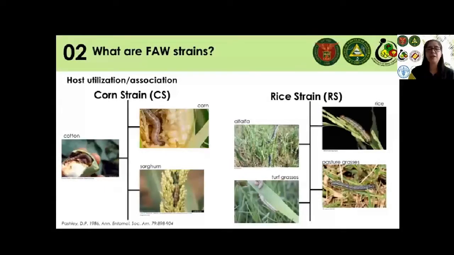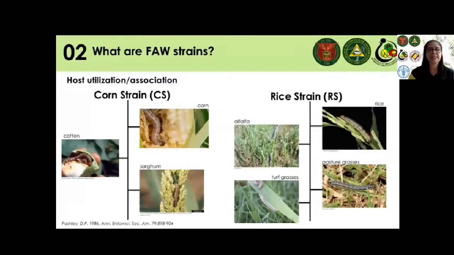One strain feeds primarily on corn, but also feeds on sorghum and cotton, and was called the corn strain, or CS for short. The rice strain, or RS, individuals primarily fed on rice, but also exist on alfalfa, pasture grasses, and turf or small grasses.